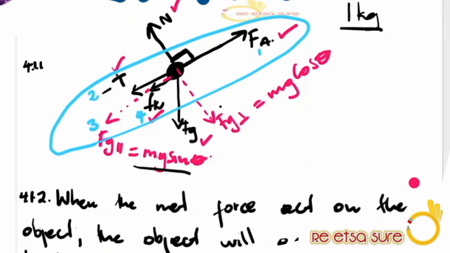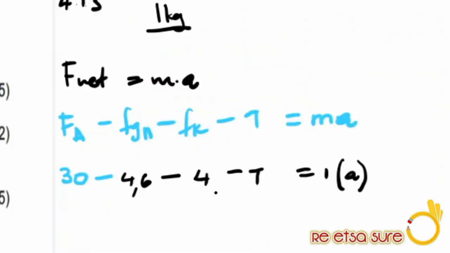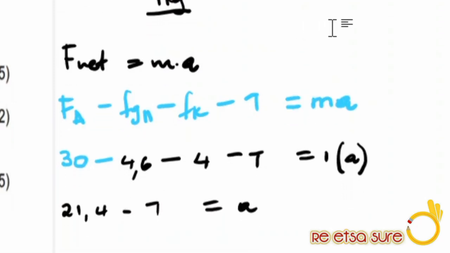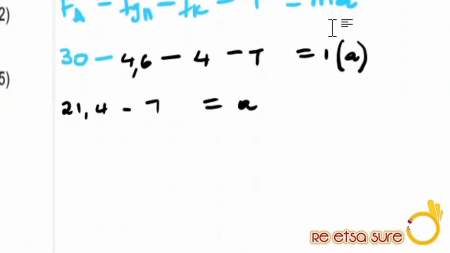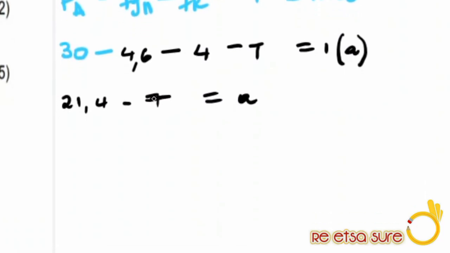So for now, let us put everything on our calculator. I'm going to have 30 minus 4,6 minus 4, and then it gives us 21,4 minus T is equal to A. Now let me make T the subject of the formula.